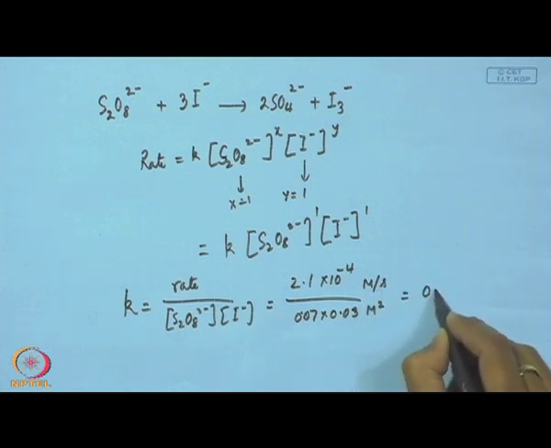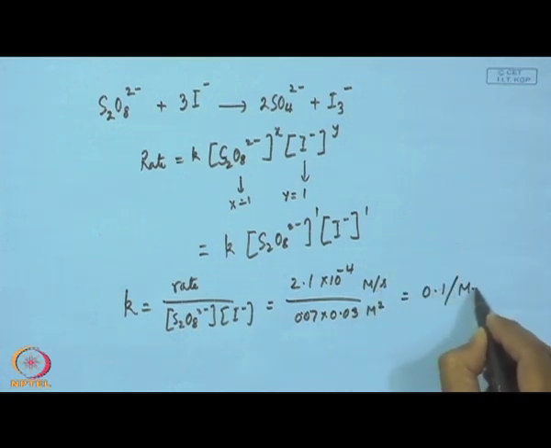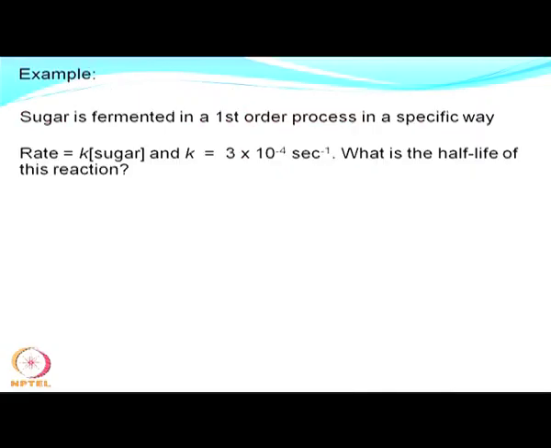So, this gives you 0.1 per mole second. This way we can look into the rate law, and we can find out the rate law and also the rate constant for a given reaction.